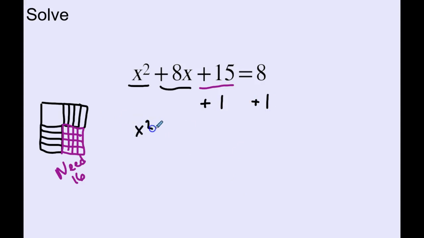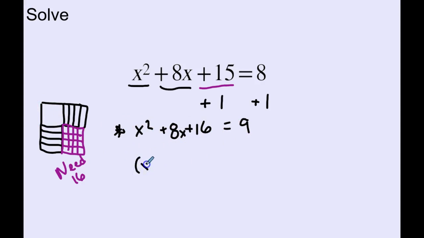We get x squared plus 8x, whoops, forgot my x, plus 16 equals, looks like it's going to be 9. Okay, this is good, because this equation, we can factor this left side very easily.